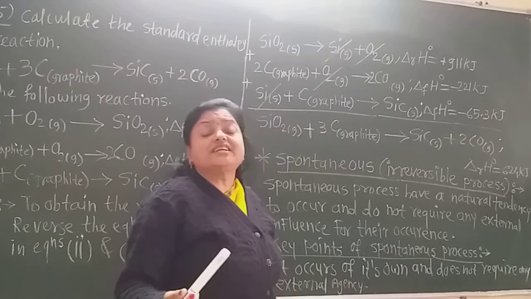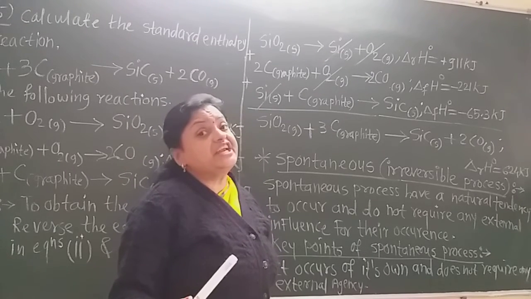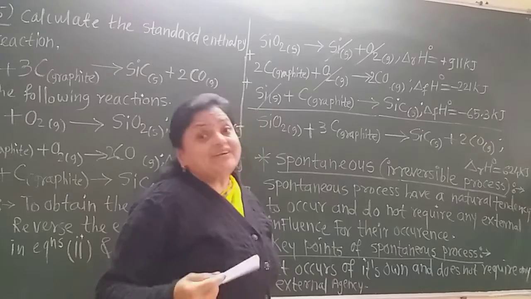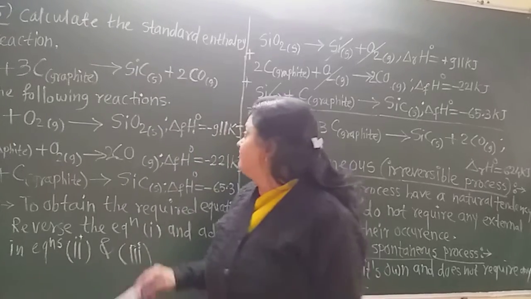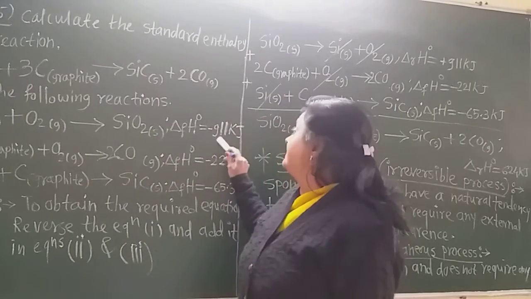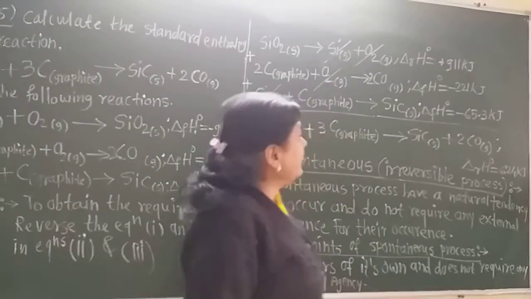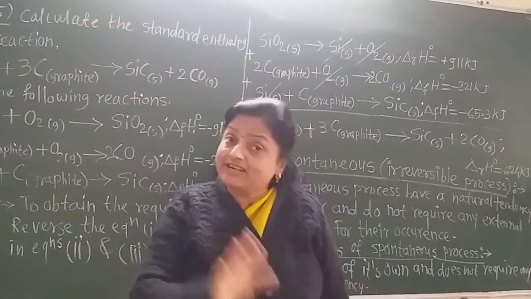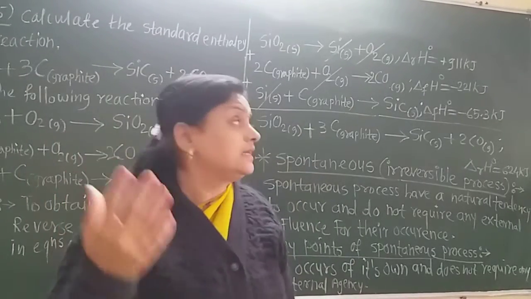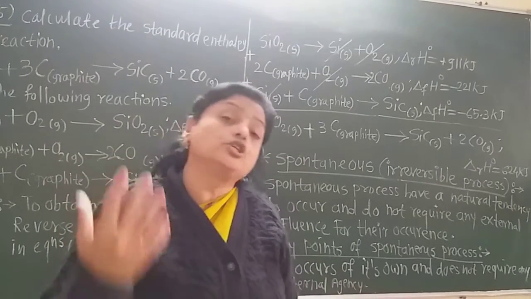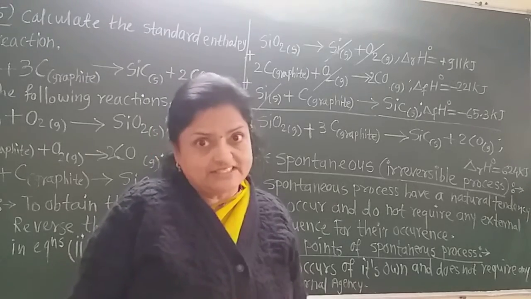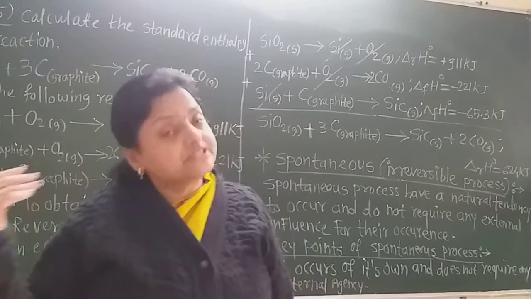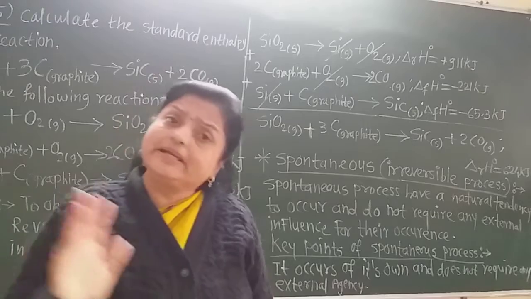Now change the sign of the enthalpy change because we reversed this equation. Here the value is minus 911 kilojoule, but I write plus 911 kilojoule because we reversed the equation. So the sign of the enthalpy change also gets reversed. If it is positive, it becomes negative, and if it is negative, it becomes positive.